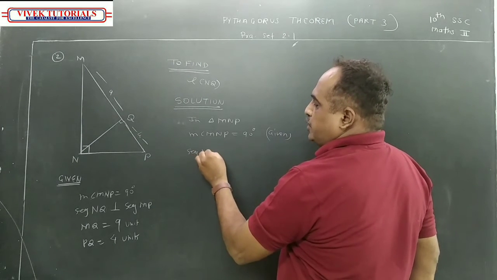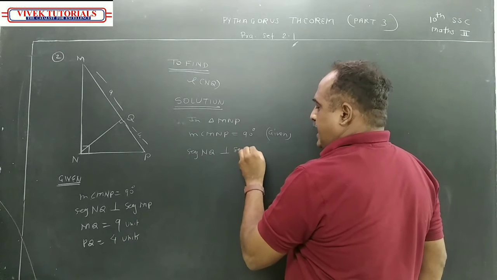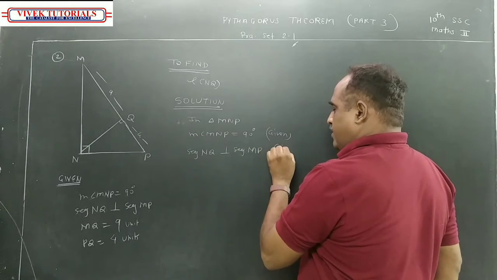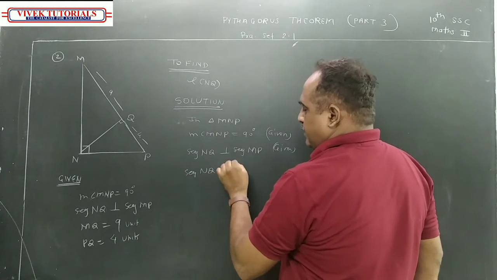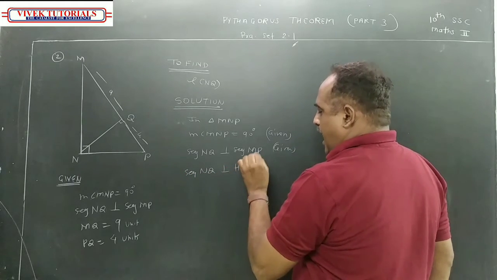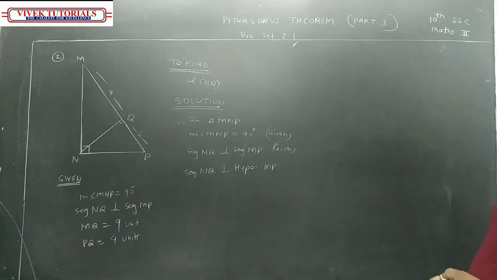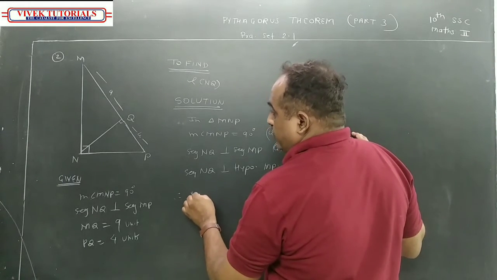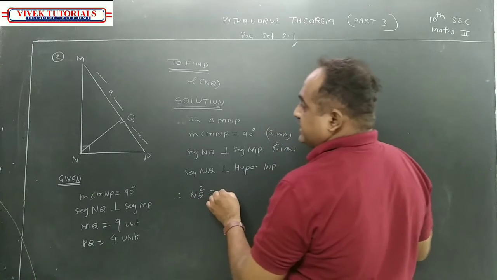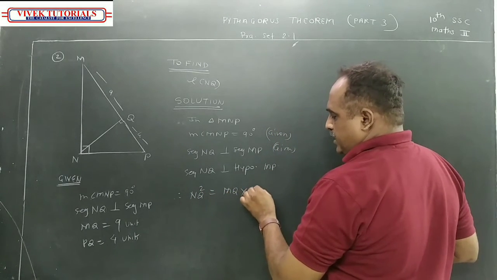Segment NQ is perpendicular to segment MP. It is again given. That means segment NQ is perpendicular to hypotenuse MP. Now we can apply the formula, therefore NQ square is equal to MQ into PQ.